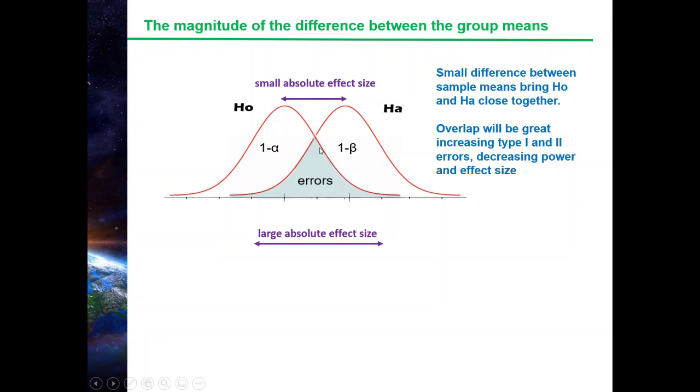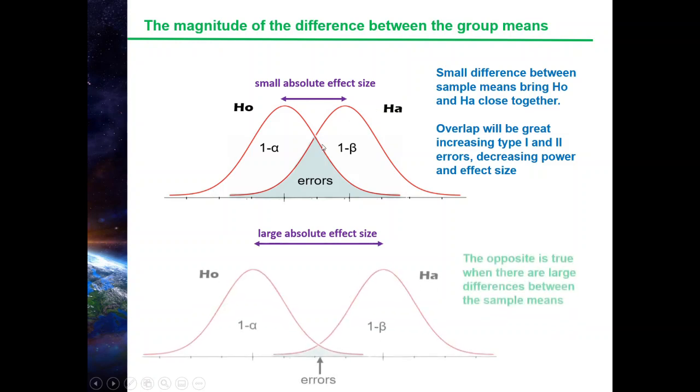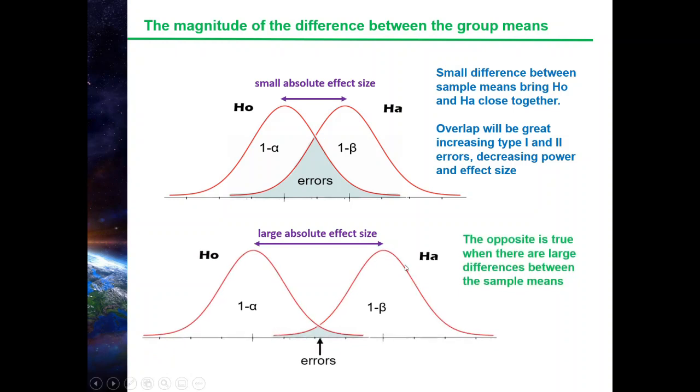Now you can guess what happens if you test two groups and the means are very different from each other. That would be like the Tylenol and the Demerol example. If you've got two group means that are very, very different, that means that H0 and HA will be very far apart. As they move apart, look what happens.